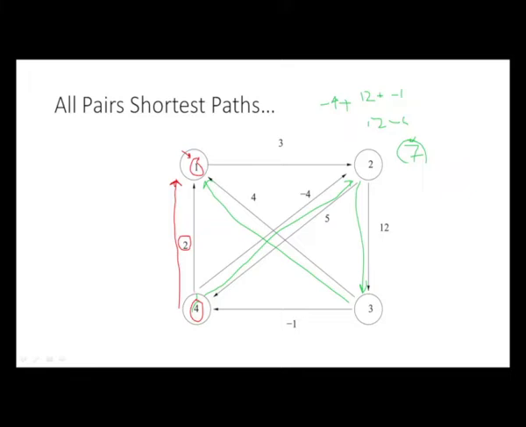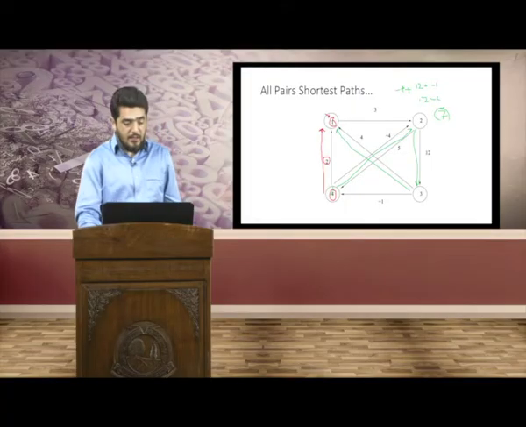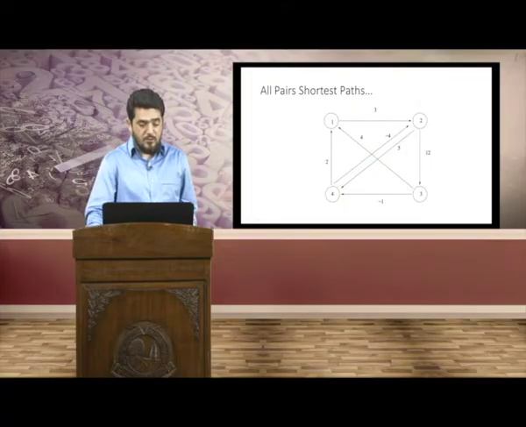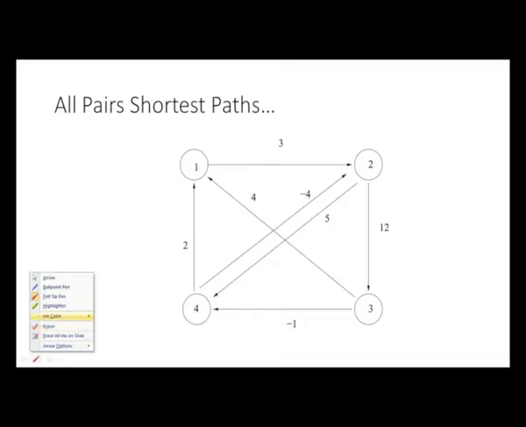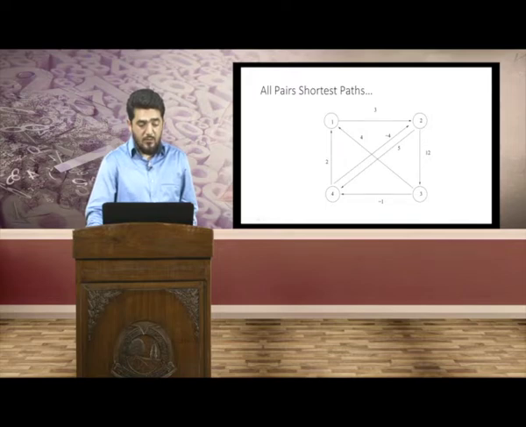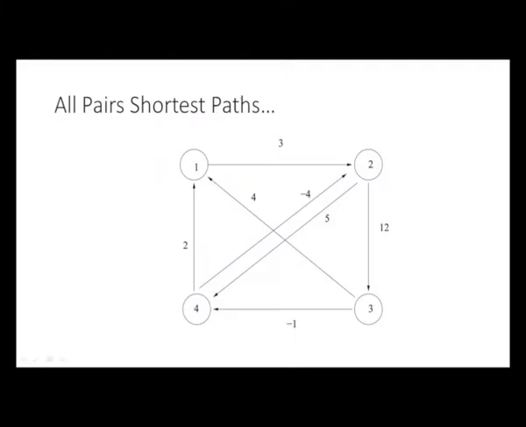Similarly, can we find any other path? I guess probably yes, we do have an alternative, a third path between 4 and 1, and it goes like this.